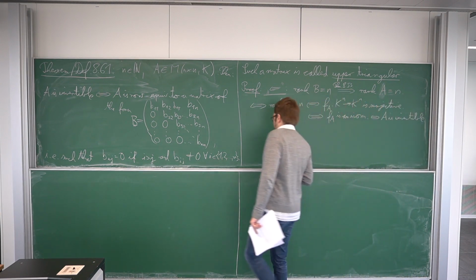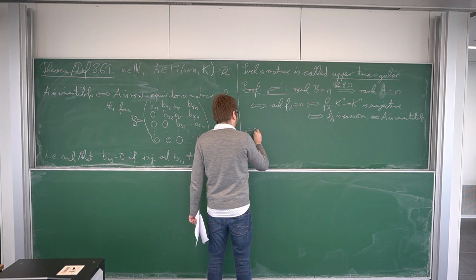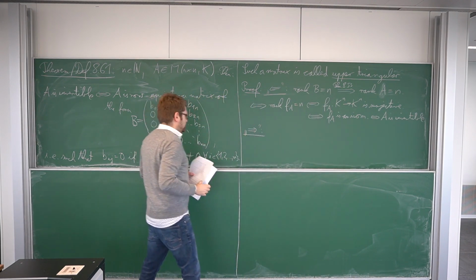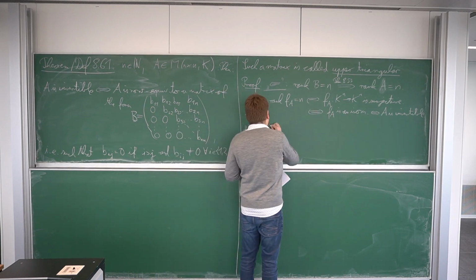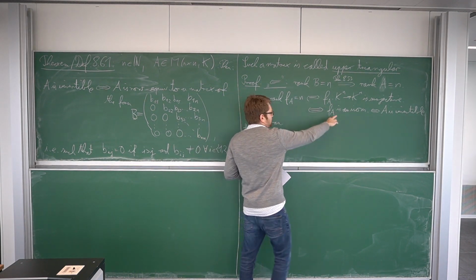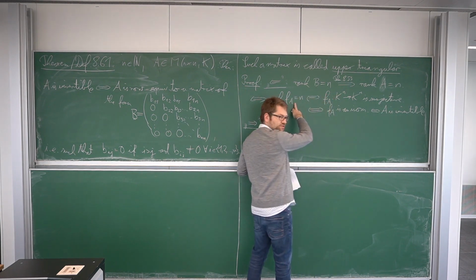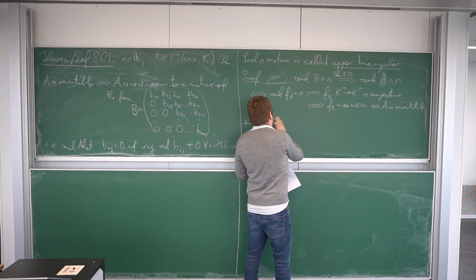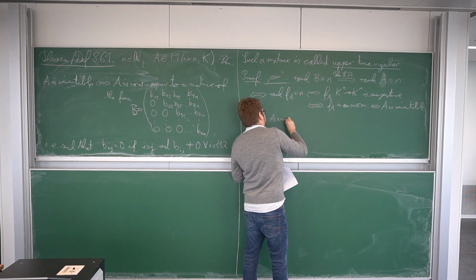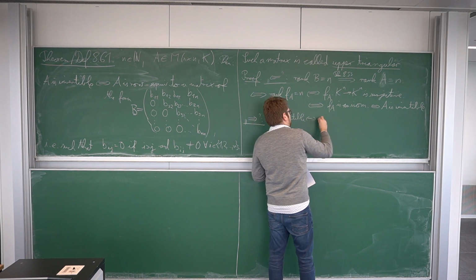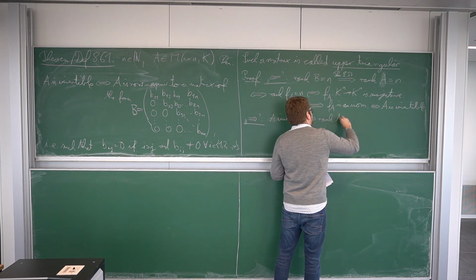Okay, now for the other direction. So assume A is invertible. Then it follows by the same argument in reverse, going from here to there, this was all equivalences. So let's do it maybe once explicitly. If A is invertible, then the rank of A is n.